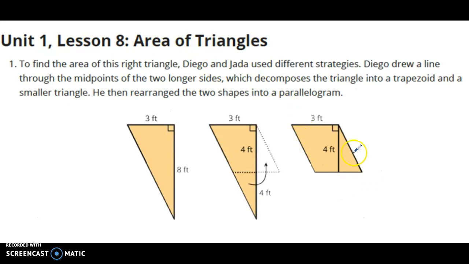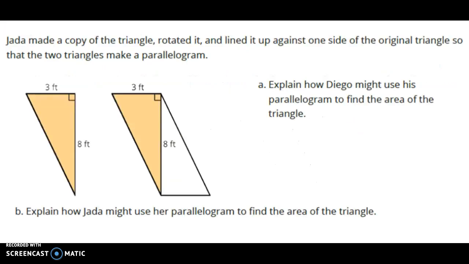In Diego's parallelogram, all of the parallelogram is made up of the original triangle. So they have the same areas. Because, remember down here, I could draw my original triangle and it's the same shape that I now have here. So to find the area, all Diego has to do is use the formula of a parallelogram.